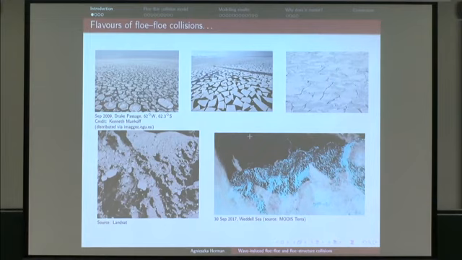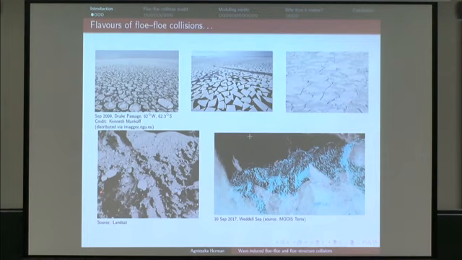And it seems understandable that we would expect floe-wave interactions and floe-floe collisions to be affected by the fact that water has higher viscosity due to the presence of those crystals.